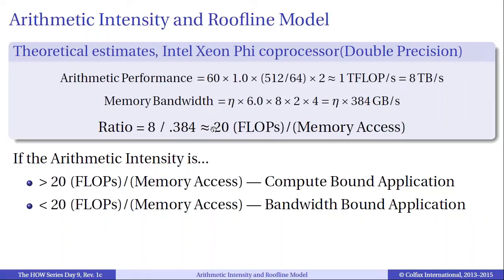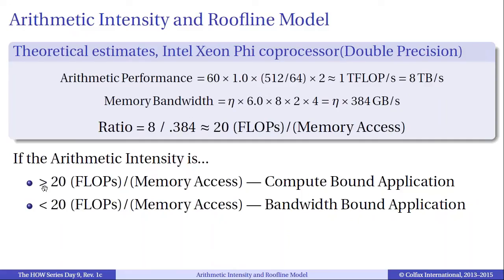So your memory delivers data to cores 20 times slower than your cores can consume it. It means that if you fetched a number from memory and you're going to use it again, you better reuse it while it's still in caches, so that caches can deliver this huge bandwidth.